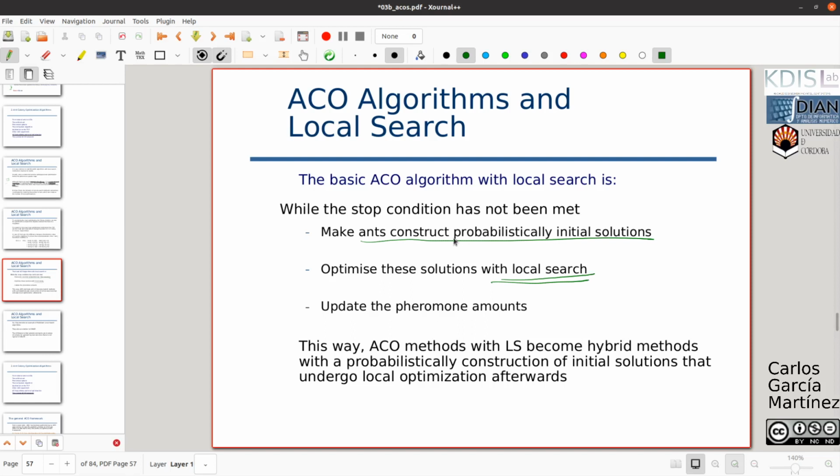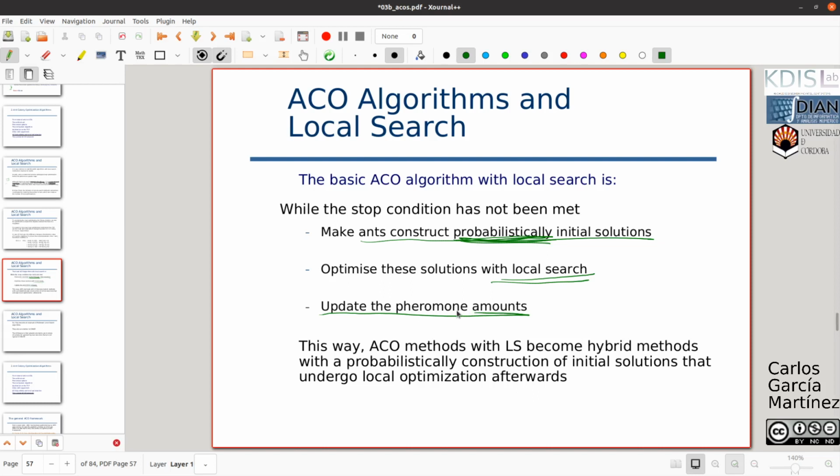Well, this construction, which is probabilistic, which is stochastic, obviously uses the pheromone amounts you have deposited on the graph.